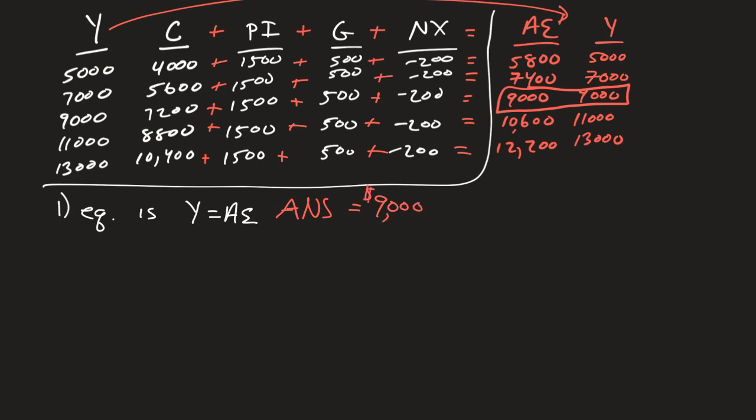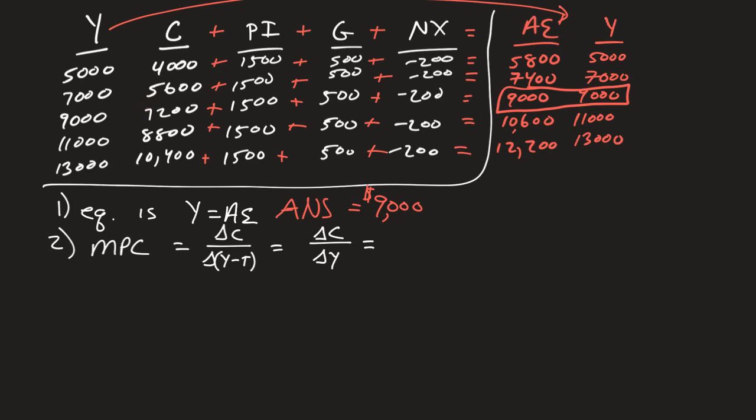Now the second question that was asked in this problem was asking for the marginal propensity to consume. Well, we know the marginal propensity to consume is how consumption is changing with my disposable income. In this case, taxes are equal to 0. So we're going to say how is consumption changing as my income changes. And we can take any 2 points of these. So we notice if I go up here, income changes by 2,000, consumption changes by 1,600.